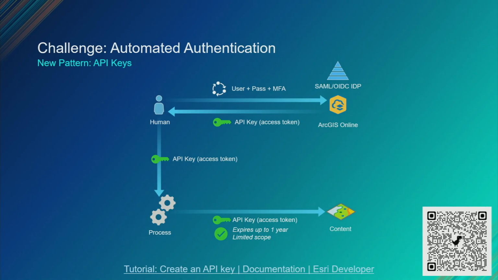But the difference now is that key has up to a 1-year expiration. And you can scope it. You can say, even though I'm an administrator, this key that I'm creating can only read a service, can't do anything else. Or it can only edit this one specific service. So the risk goes way down, right?